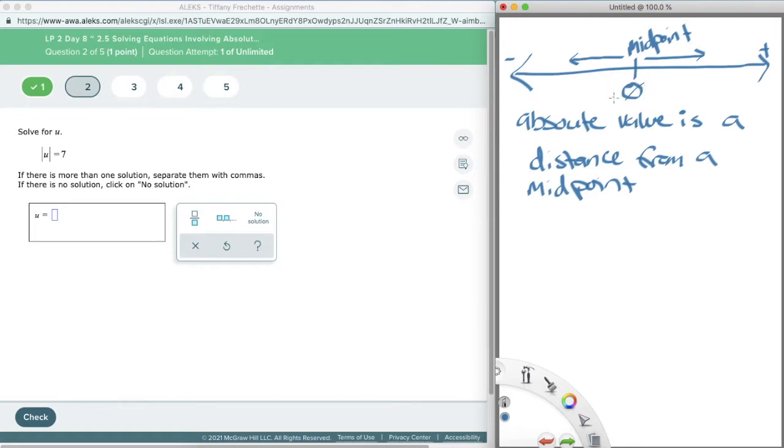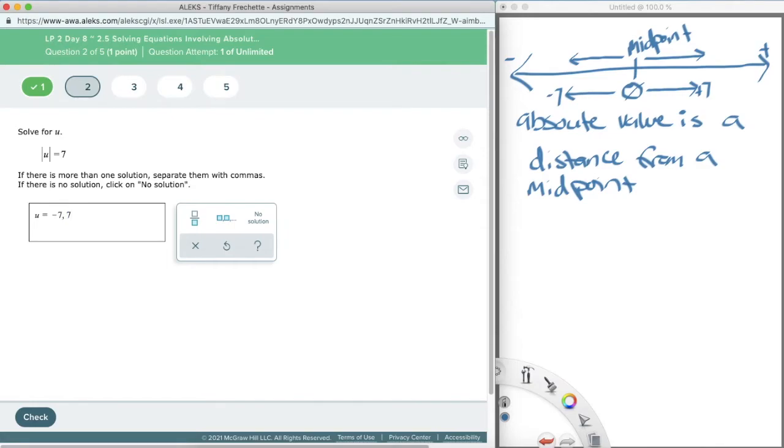I have my midpoint, which again, on these very simple ones where we just have a variable here, we're moving from 0. So if I want to move 7 to the right, well, that would be +7. If I want to move 7 to the left, that would be -7. So in this case, I actually have the same answer for both my first and second questions. This is actually the first time I've seen this one pop up this way.